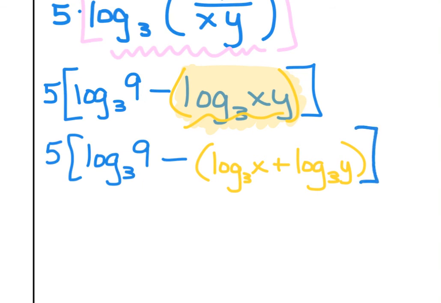What I want you to do is stop for a second and make sure you understand the relationship between the yellow part of the problem here and the yellow part of the problem here. And that you understand why I have parentheses here and I'm going to need to distribute the subtraction.